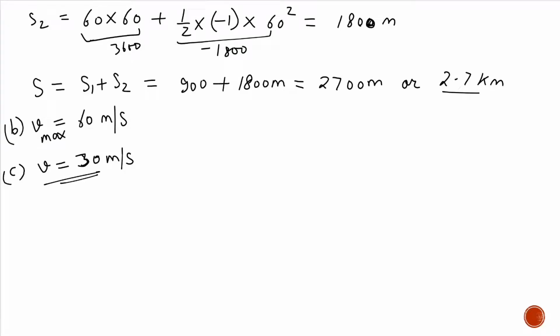We have to find the positions at which this train reaches 30 meter per second. As we can see, the train starts from rest and accelerates initially with a constant acceleration. Therefore it will accelerate to a maximum value, in our case 60 meter per second, and then it will decelerate to zero velocity. The train comes to rest afterward.